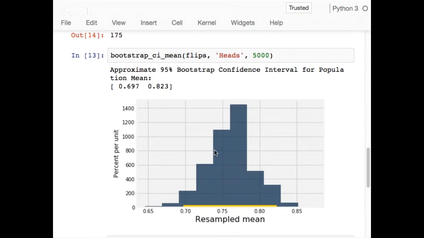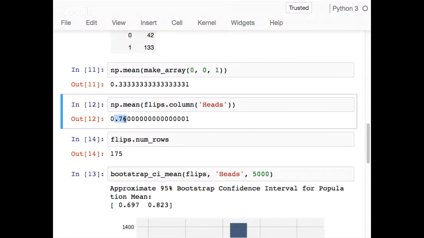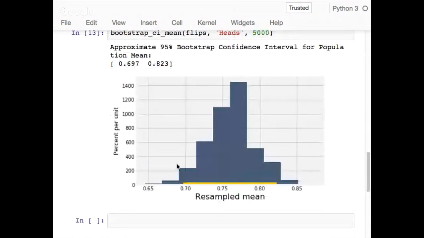This is going to be centered at 0.76, whatever I got in my sample. That's what it's going to be centered at. But it turns out that the variability here is the same as if I had done the normal null alternative.